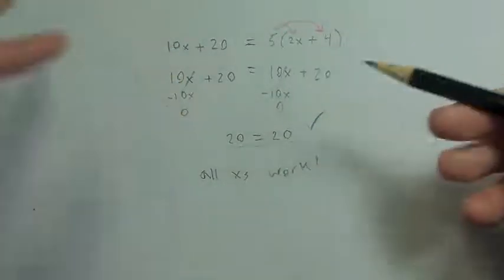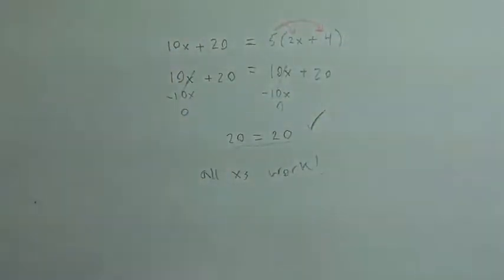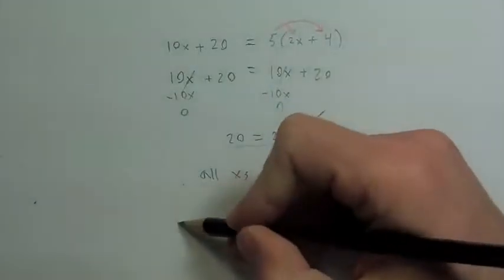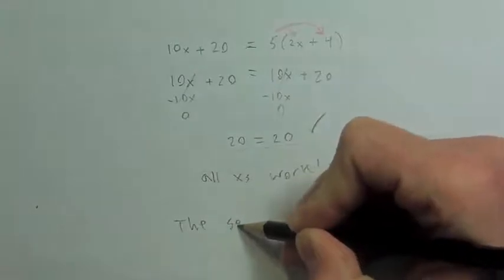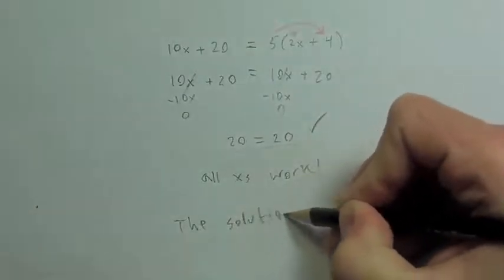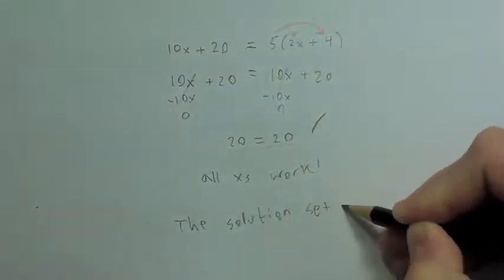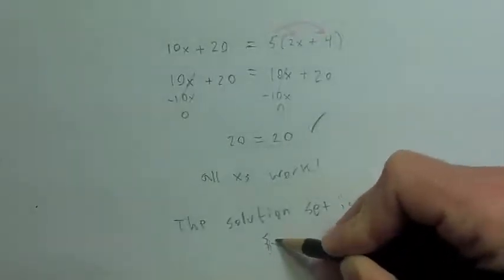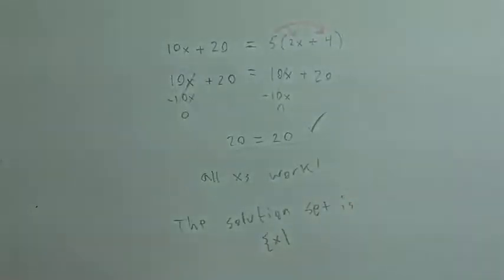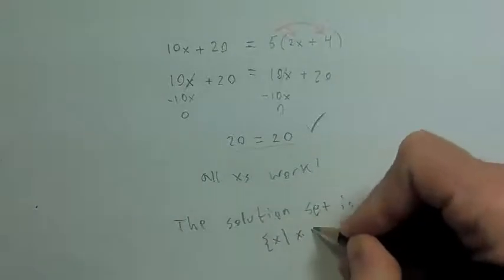Because the x's disappear and then you get an actual equation that is true. Okay, so the solution set, we would say, is that funky one, all x such that x is a real number.